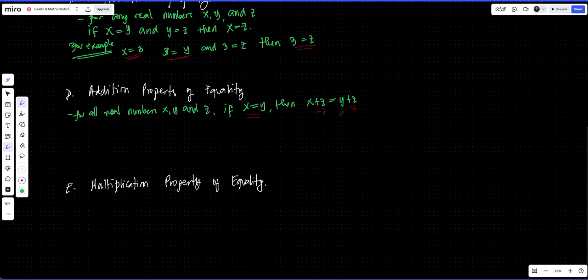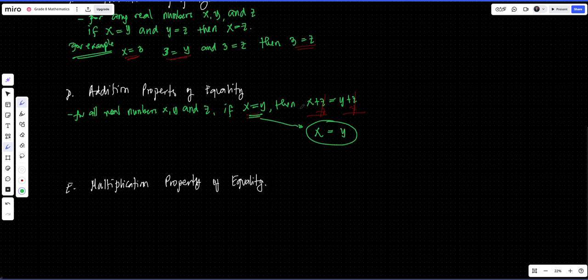We also have to subtract z. So, pag sinubtract po natin yan, that is equal to 0. So, yung maiwan na lang is si x dito na part, then si y dito na part. That's why we have this one over here. Okay? And that is the addition property of equality.